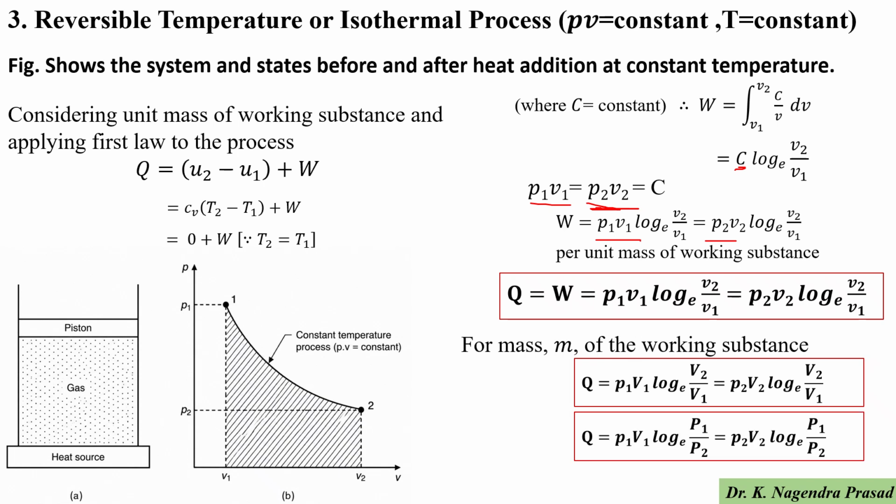Since P1 V1 equals P2 V2, V2 by V1 equals P1 by P2. Substituting V2 by V1 as P1 by P2, Q equals W equals P1 V1 log base e P1 divided by P2, which is equal to P2 V2 log base e P1 by P2. So this is the isothermal process.